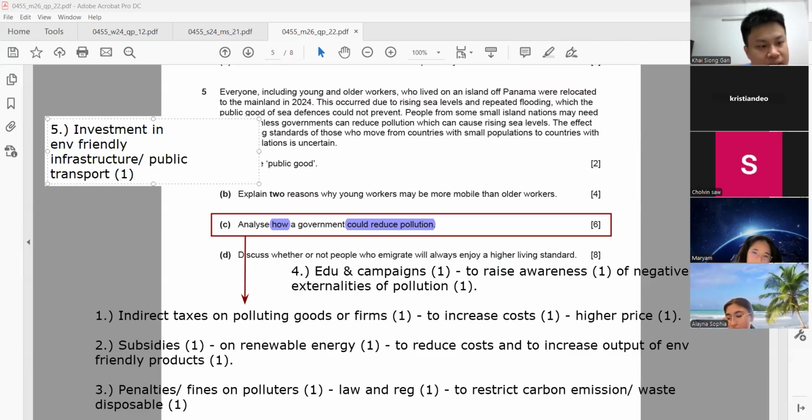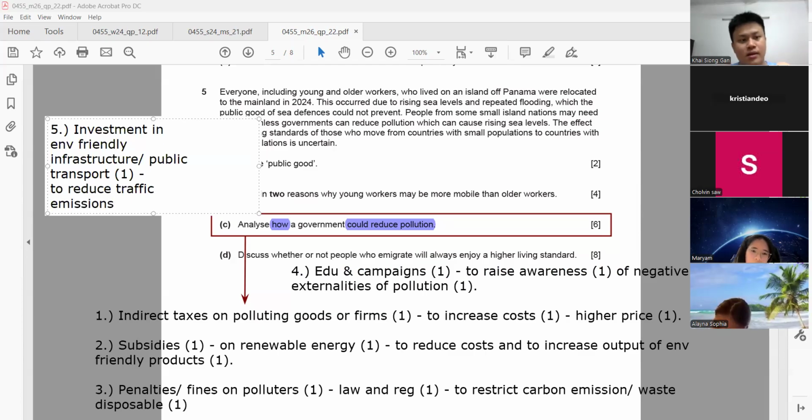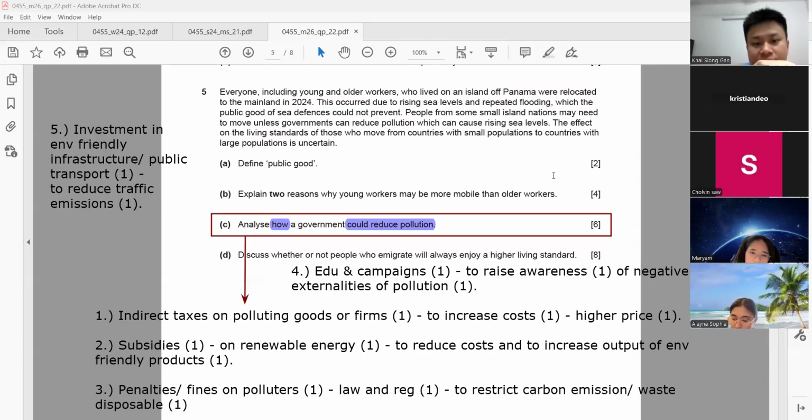Okay, this one is also another answer. Then you can talk about reducing traffic emission, the carbon emissions. So you can talk about this as well. So pretty much these are some of the answers you can write. As long as you explain how the method reduces pollution, that's how you score.